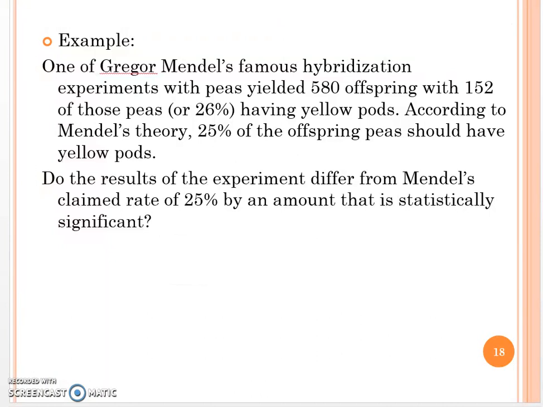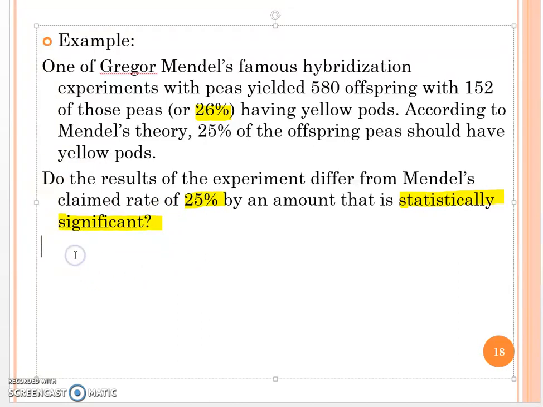Let me do the marker here again. So 26 is the actual result. 25% is by the theory. So we're asking if this is statistically significant. So in reality, when you think about doing the experiment, 26% is likely to occur. It is easy to have an experiment to have 1% differing from the 25%.